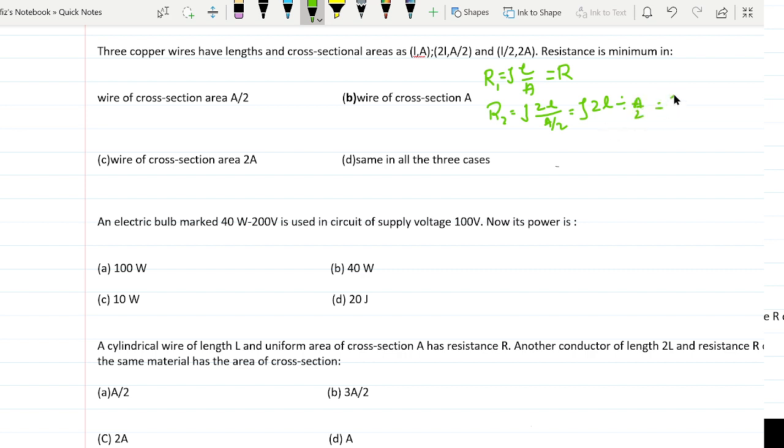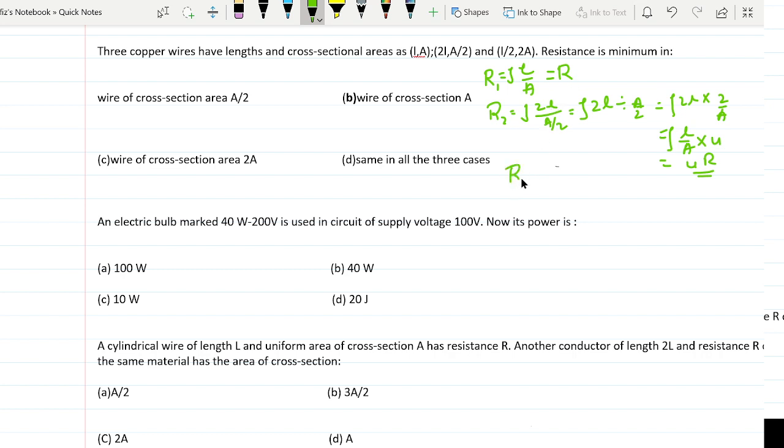So further you can write R2 is equal to rho 2L, I'll change the sign to multiplication, into 2 by A. So what I get, rho L by A into 4. Here rho L by A is R, so it is 4R. The resistance of the second wire is 4R, first is R.